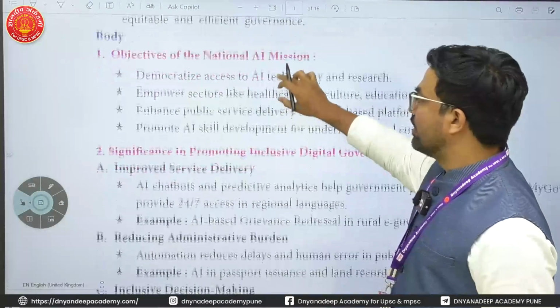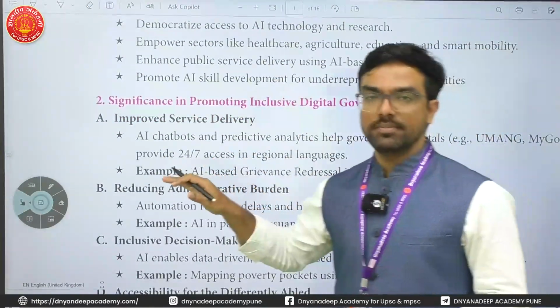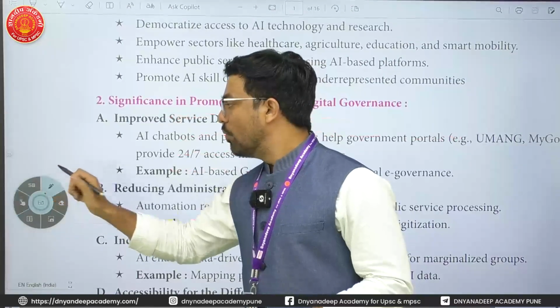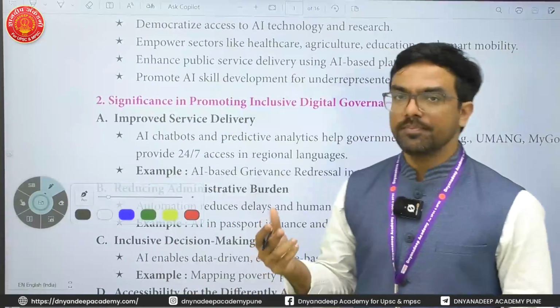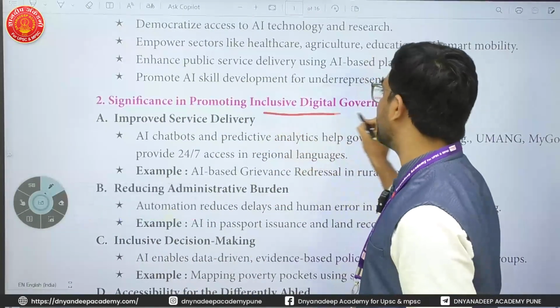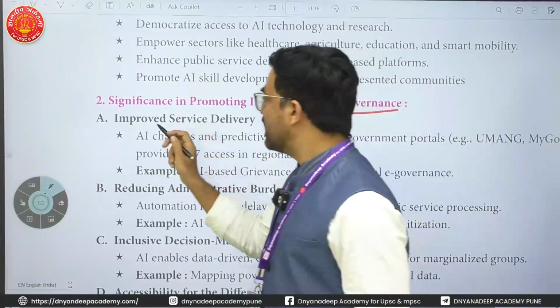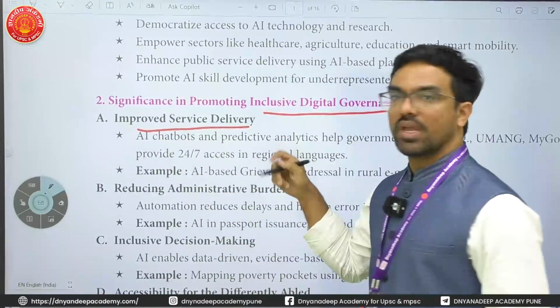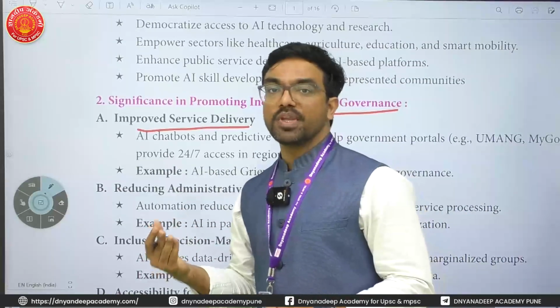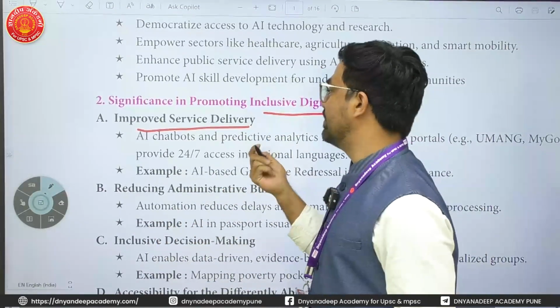Now, going to the main part, the question asks what is the role of this mission in promoting inclusive digital governance. So the first point is improved service delivery. With the adoption of AI, it has helped in improving service delivery. How?